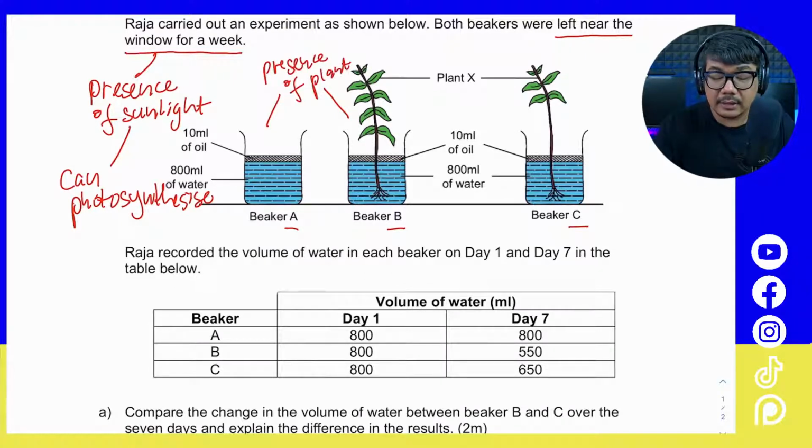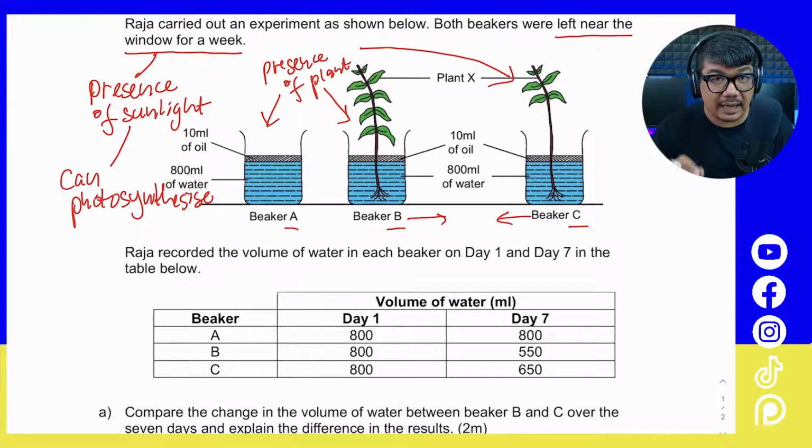In fact, this is also the changed variable with beaker C. But between beaker B and beaker C, the changed variable, if you look at the plant, you will notice that in beaker B, the number of leaves is more compared to the ones in beaker C. So here the changed variable would be the number of leaves.